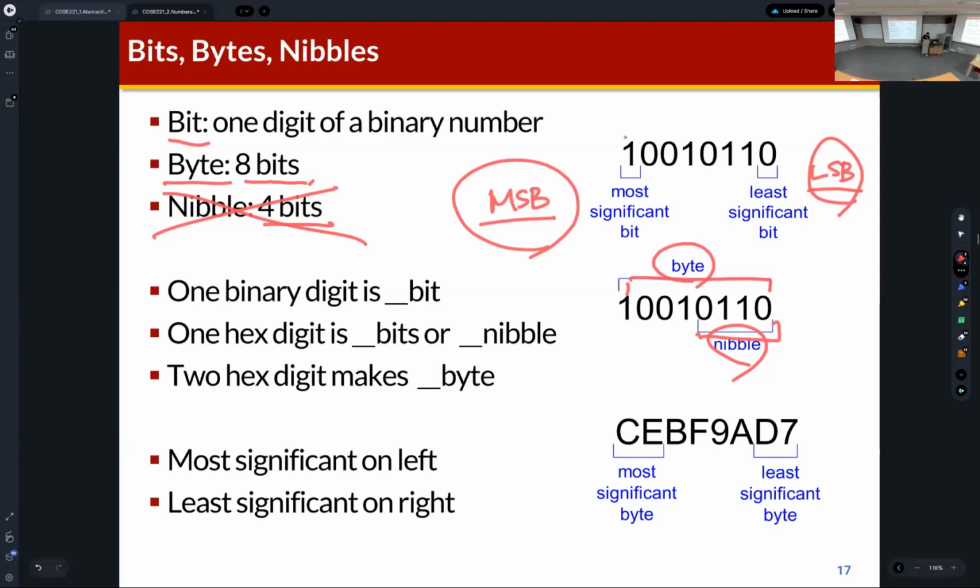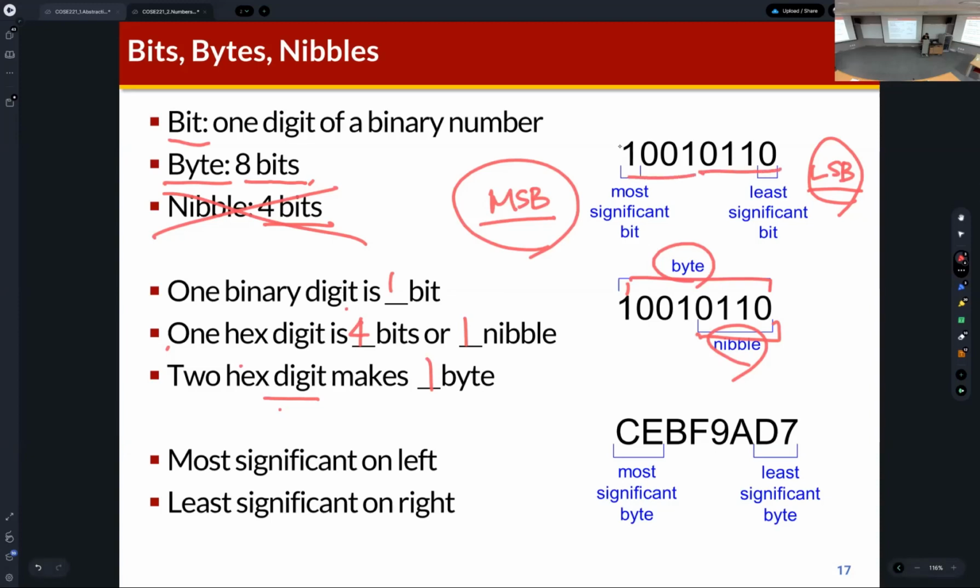So one binary digit is 1 bit. And one hexadecimal digit is how many bits in a binary number? It's 4, right? So it's 4 bits, equivalent to 1 nibble. And 2 hexadecimal digits make 1 byte. So for example, what is this one?